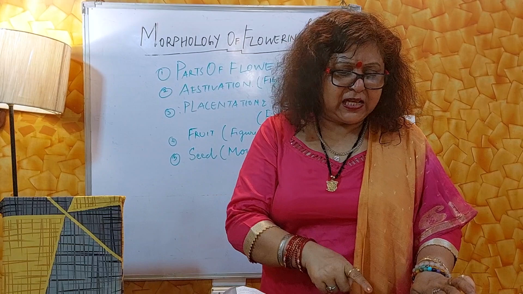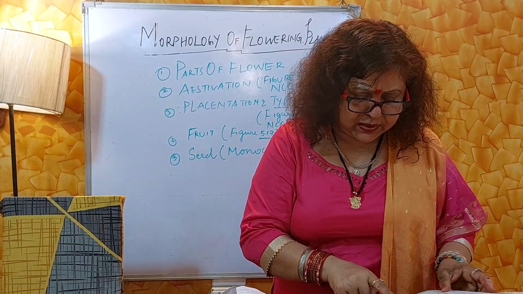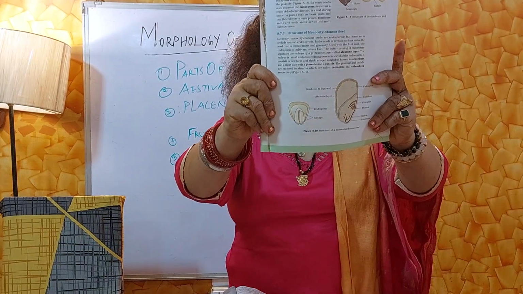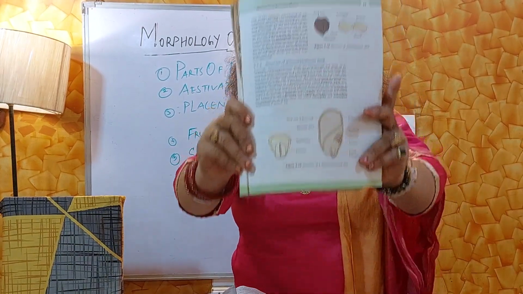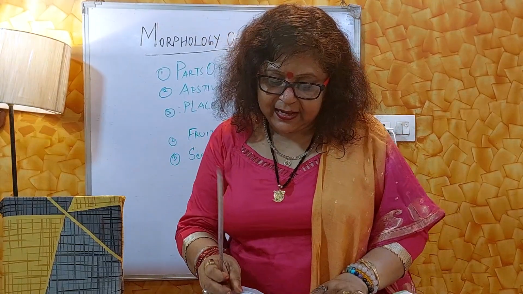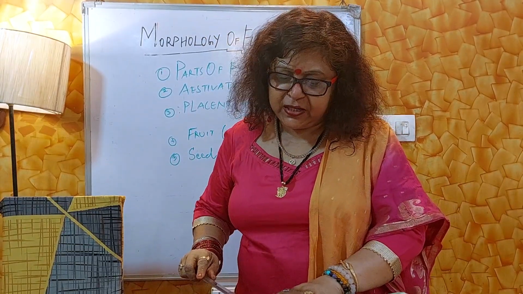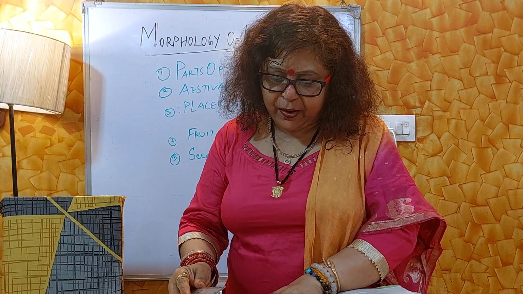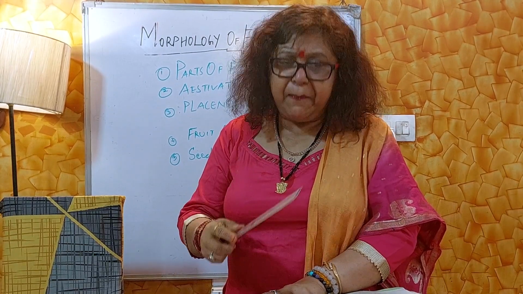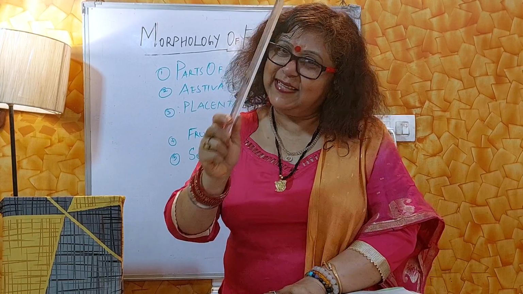Now, the last page of the lesson: structure of a monocot seed and structure of a dicot seed. What is a seed? A ripened ovule which contains an embryo, or a tiny plant, with sufficient reserve food for the development of the embryo is called a seed.